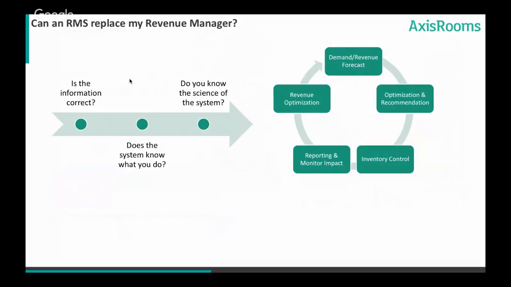Now, a human, so a revenue manager, there's a lot of uncertainty in what they do. A revenue manager who does not currently have a revenue management system in place is doing these key elements on a manual basis. So forecasting, optimization, controlling, reporting, all this is happening on a manual basis.